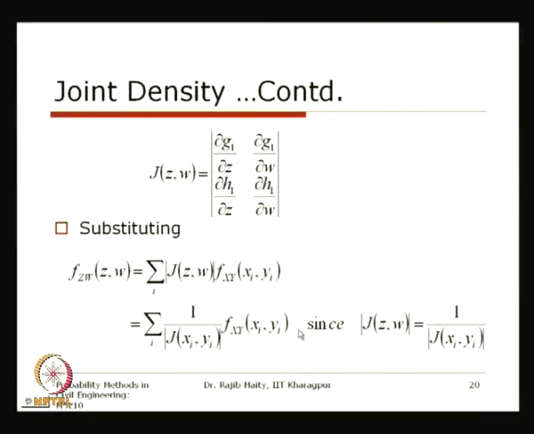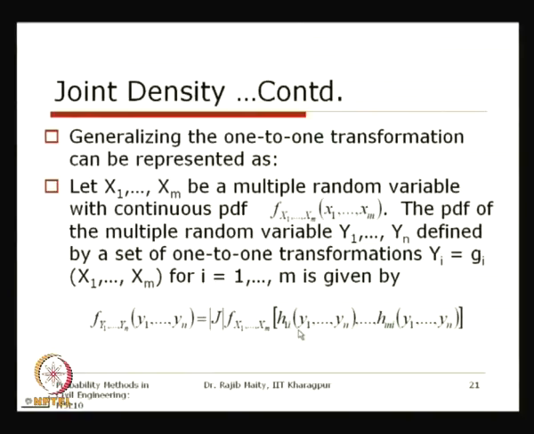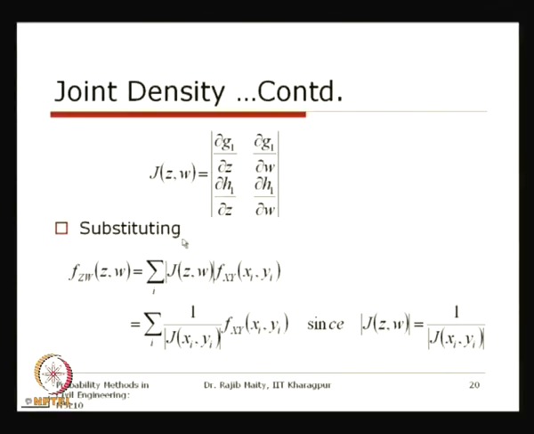So, this is the final form if we are having the two functions out of two random variables. Now, if we want to generalize, that is one to one transformation. Remember that what I forgot to mention is that this is there only when we are talking about a one to one transformation.